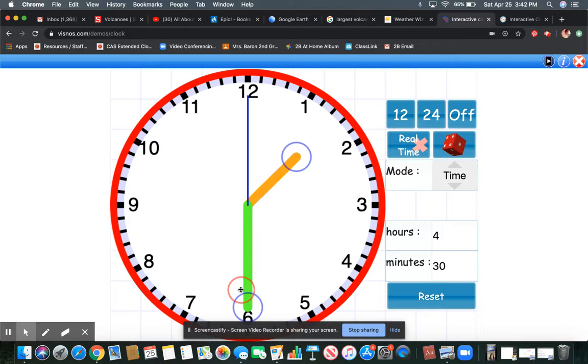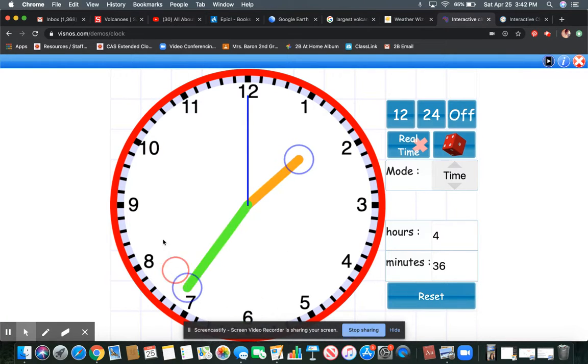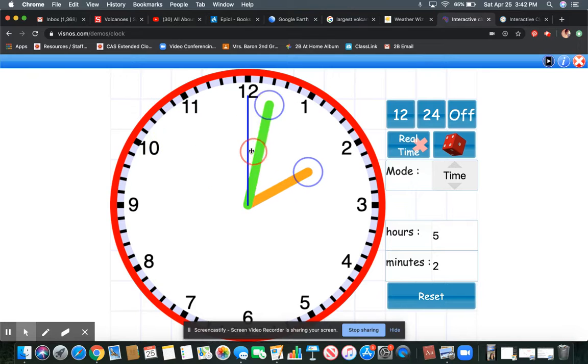Now look, it moved from the 1 to directly in the half of the 1 and 2. I'm going to do it again. So I'm going to move it back to 2 o'clock.